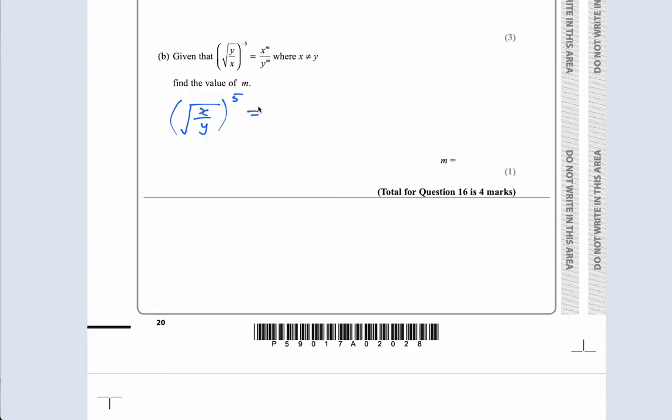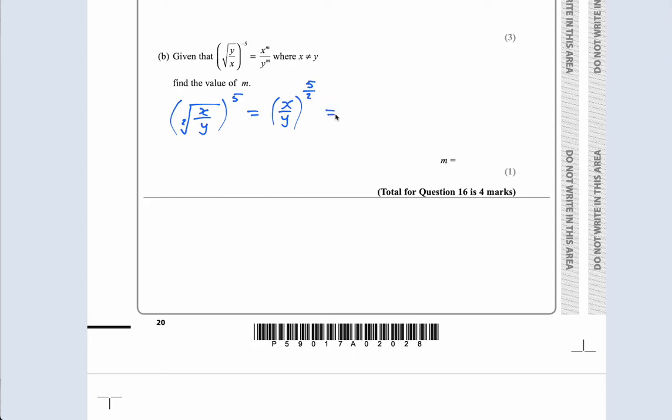Then I have what I call flower power. So this is a root and this is a power. So this I can actually write as the power is 5 and the root is 2. There's a little 2 there that we don't write, but the square root is the second root. So if that's the root, I do 5 over 2.